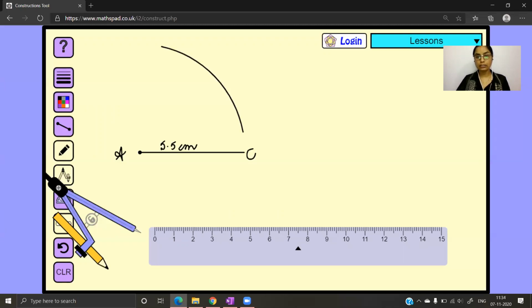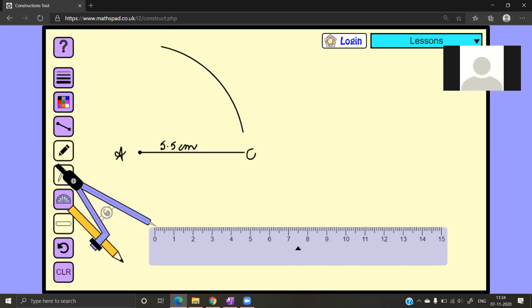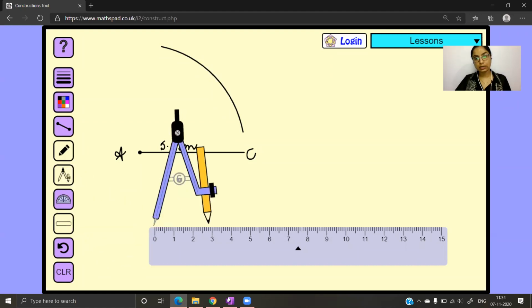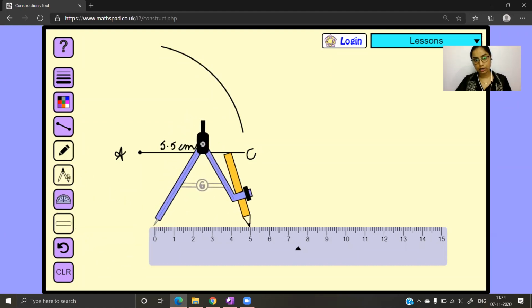And now from point C, please check. Can anyone tell me what will be the radius from point C on the above side? 5 centimeters. Let's open the compass 5 centimeters in radius and then draw an arc.